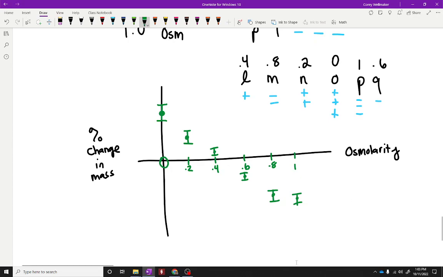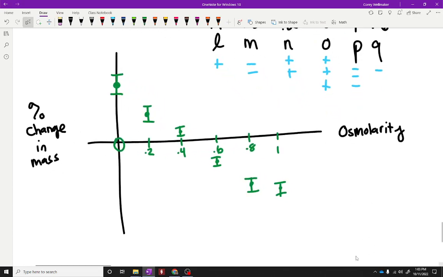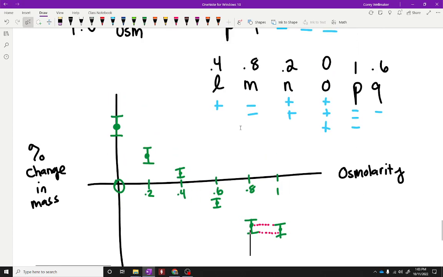Okay? Now, I want to mention something important. Notice that, and I did this on purpose, I intentionally made it so that we see overlap here. So what that means is that I don't have enough information to argue which letter is 0.8 and which letter is 1.